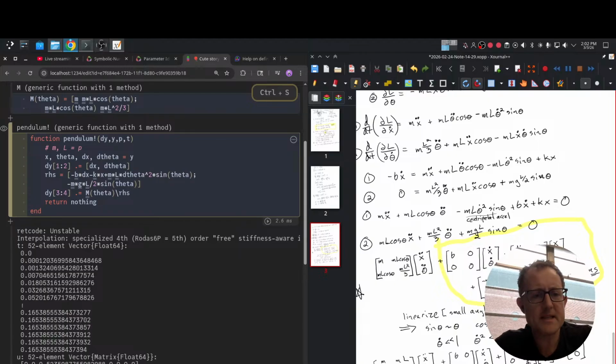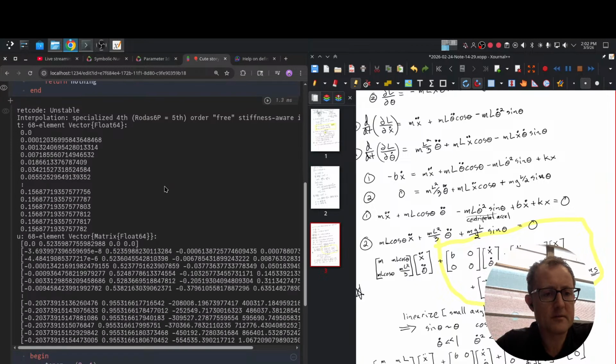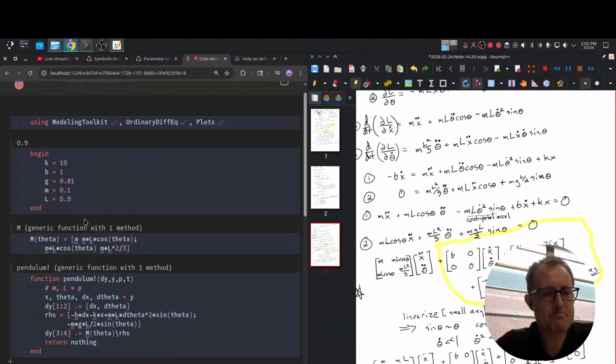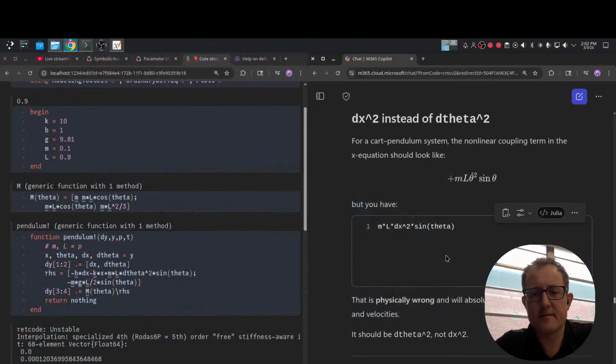How did I miss that? ml d theta squared times sine theta. Well, that was silly. It didn't help this problem, but that should... ml theta dot squared times sine theta. So that looks right.